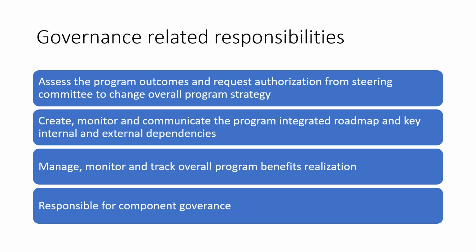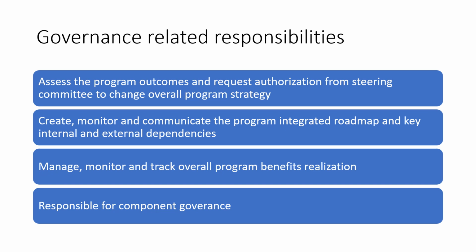So in addition to the 6 responsibilities that we discussed in the earlier slide, they also have governance related responsibilities in terms of assessing the program outcomes and requesting authorization from the steering committee to change overall program strategy.